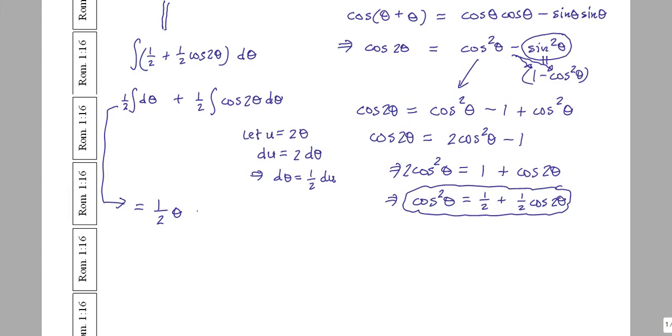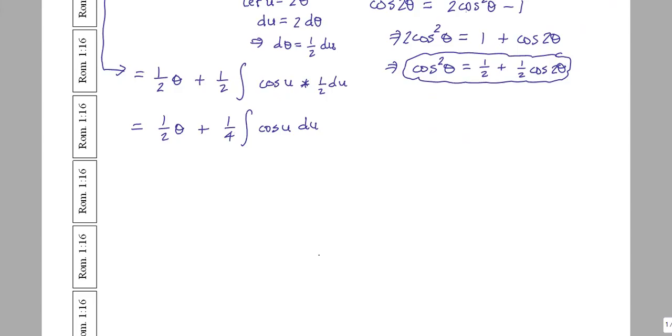And then plus a half of the integral of cos of u, and instead of d theta I'm going to write a half of du. So this is equal to a half of theta plus a half times a half, a quarter, outside the integral of cos of u du.